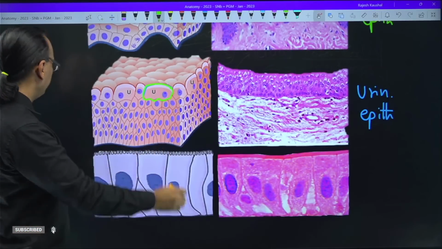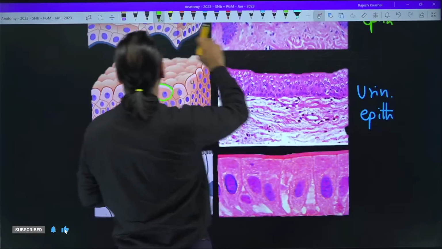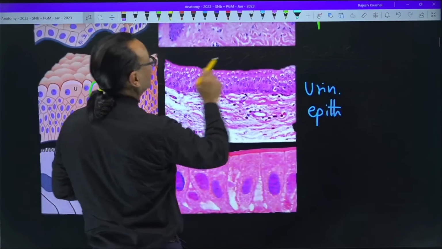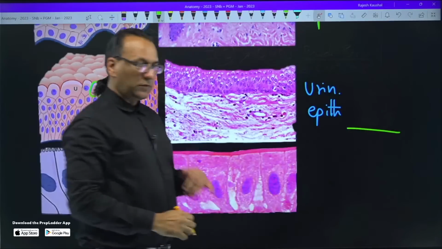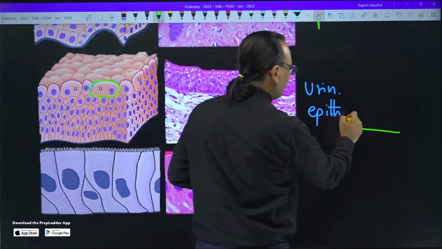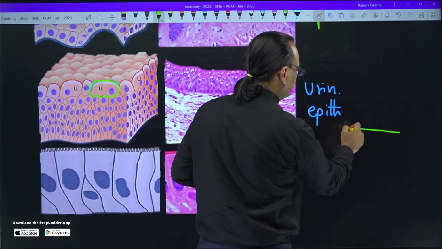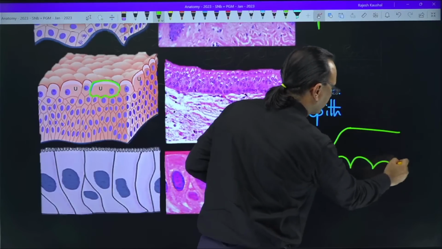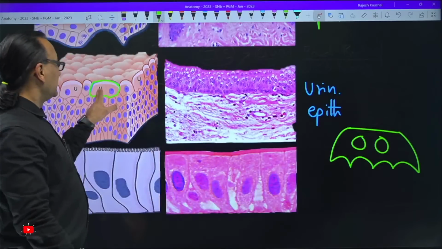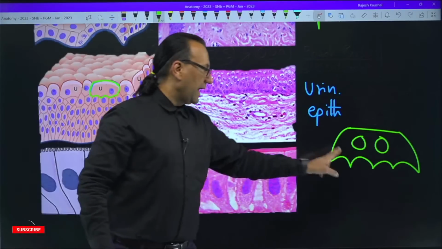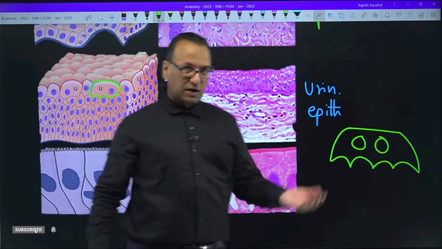Let me draw it here on this side. This is, say, the topmost layer you are looking at. It is a cell which will have multiple projections like this, can be double nucleated also, 2 nuclei, and it has this kind of appearance.